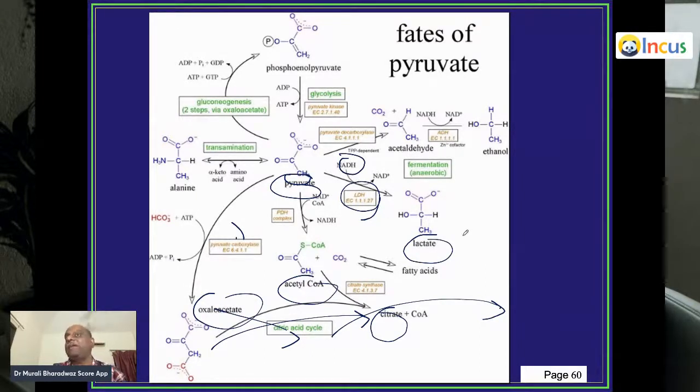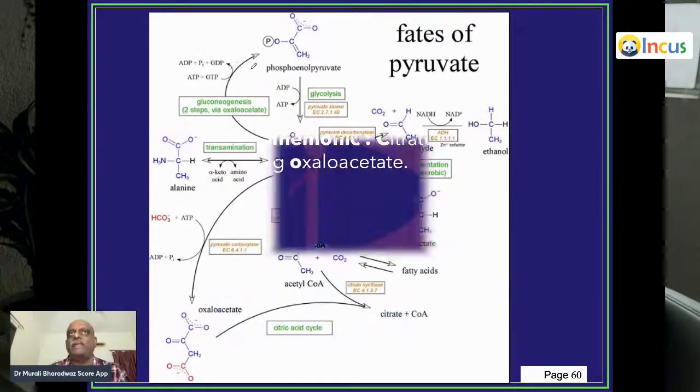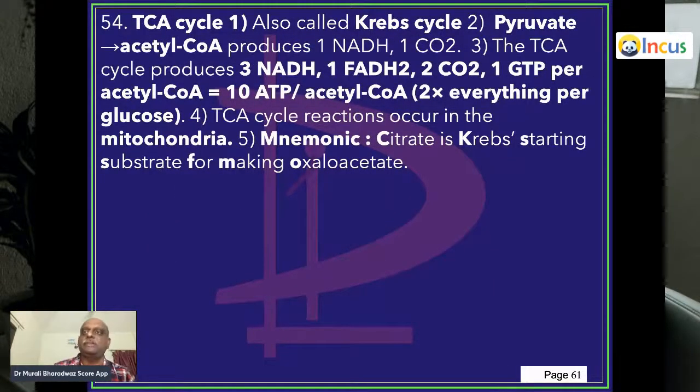That is another fate whenever anaerobic glycolysis is there. Similarly, pyruvate forms oxaloacetate. Oxaloacetate can become phosphoenolpyruvate, and that in turn will go and form glucose. That's called gluconeogenesis. So these are all the consequences and fates of the pyruvate is what you need to remember, doctor.